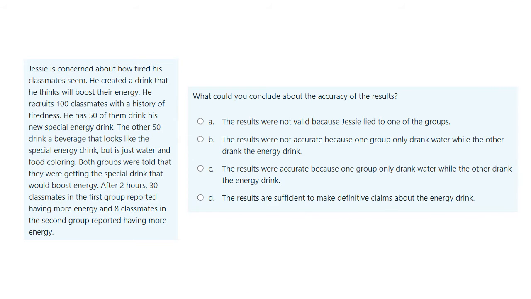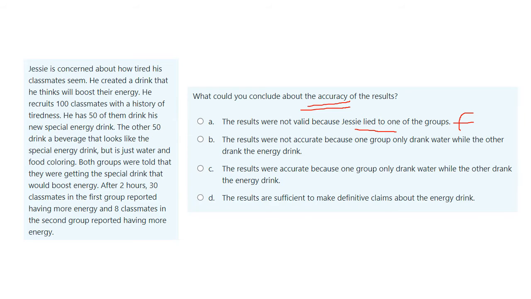What can you conclude about the accuracy of the results? A, the results were not valid because he lied to one of the groups? No. Often, when you do an experiment, you will have a control group, and you will not want the control group to know which group they are in.